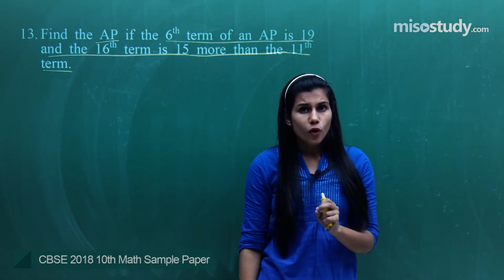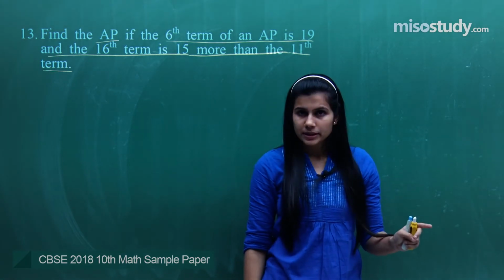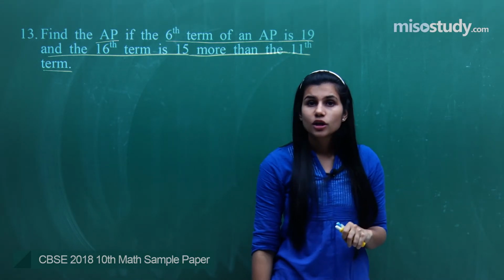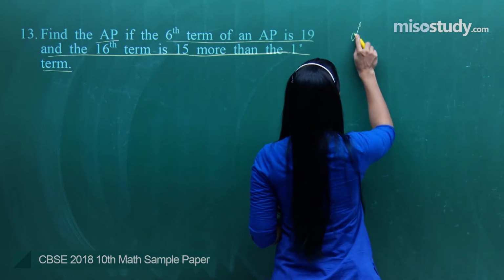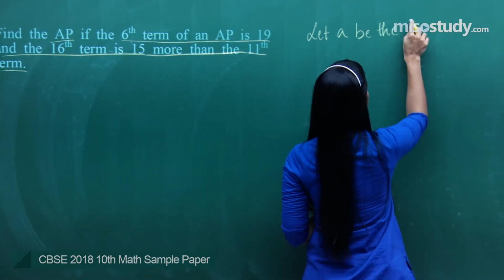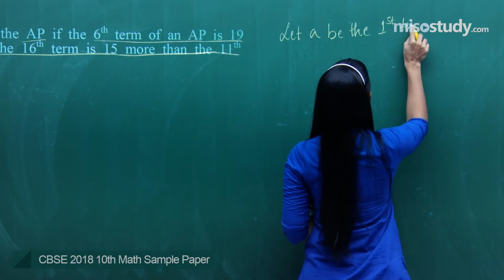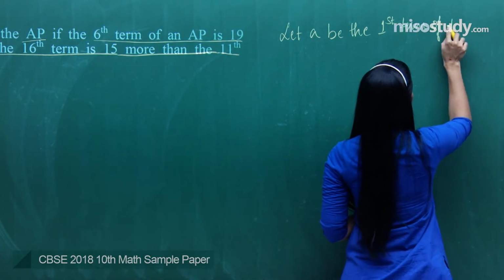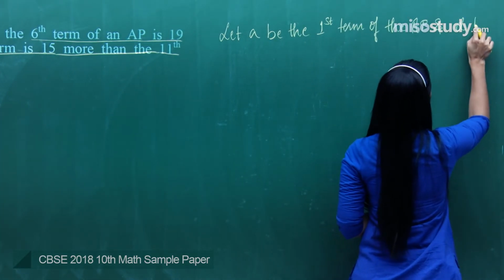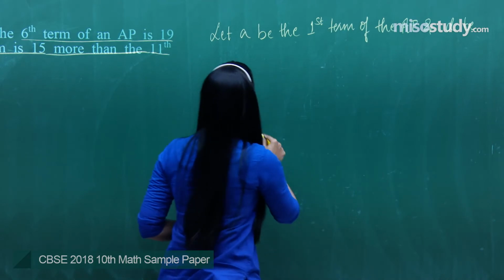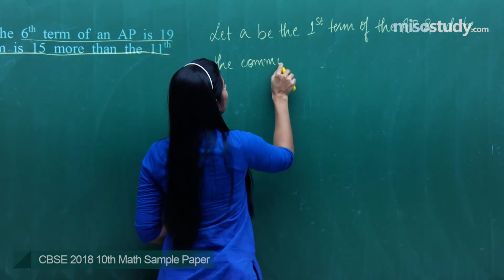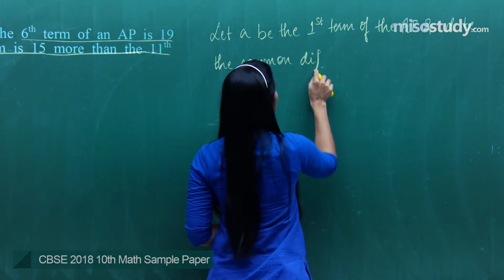But in order to form an AP, to generate an AP, I need the first term and the common difference. So let A be the first term of the AP and let D be the common difference.